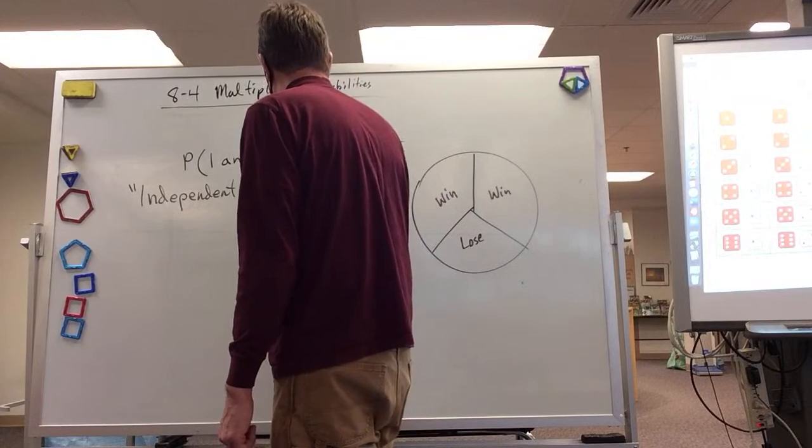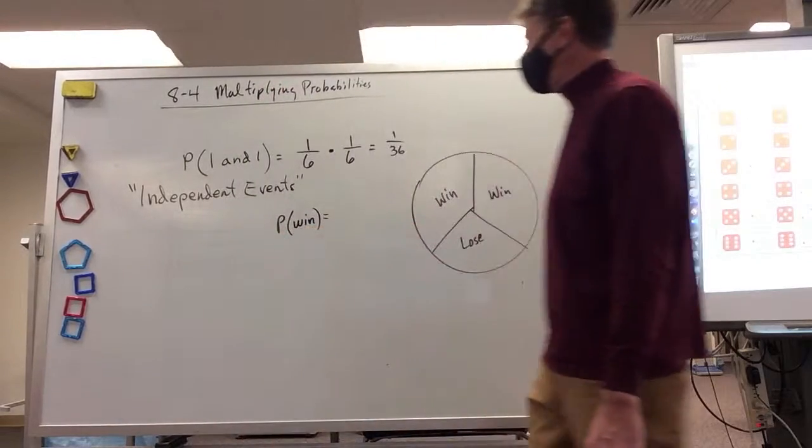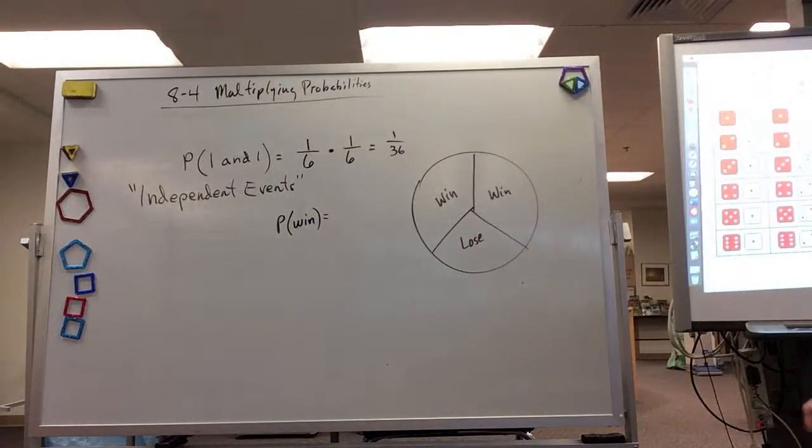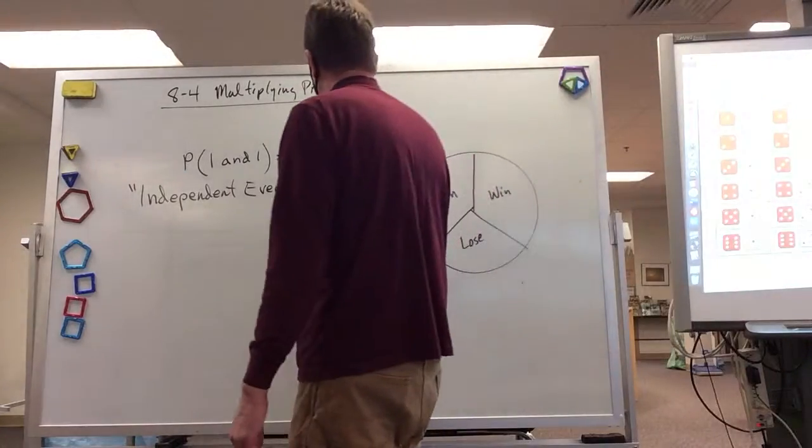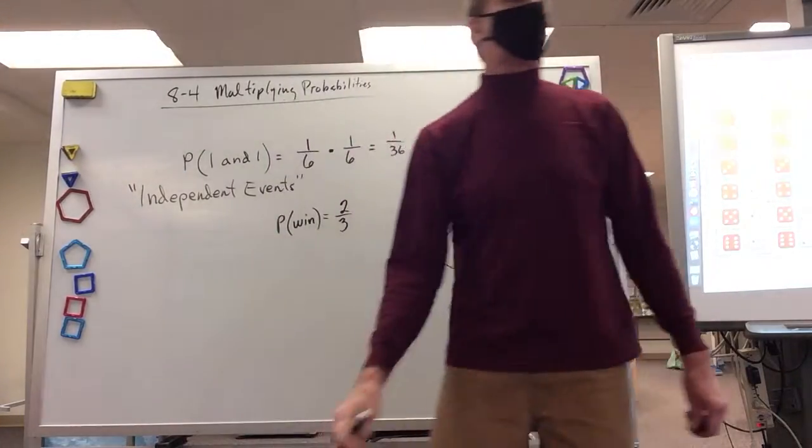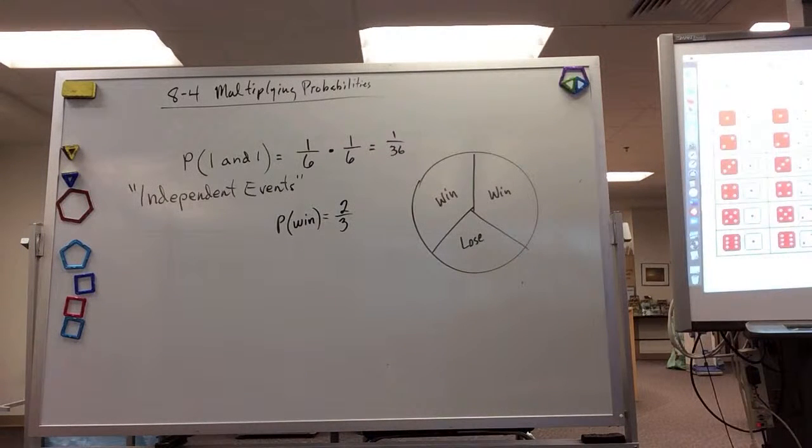The probability of a win is what? Two-thirds. 2 out of 3, yep, 2/3. I really like leaving probabilities as fractions as much as possible, because if you change that to a decimal, it's 0.6 repeating, and that's hard to work with numerically.